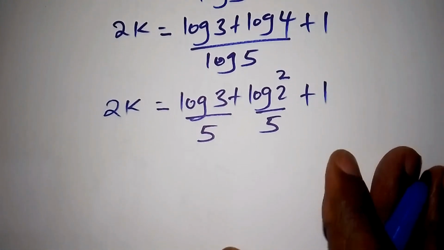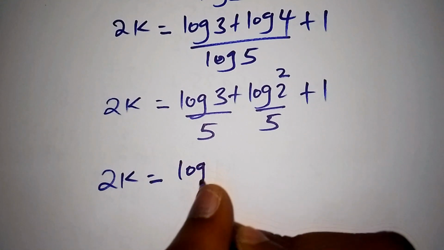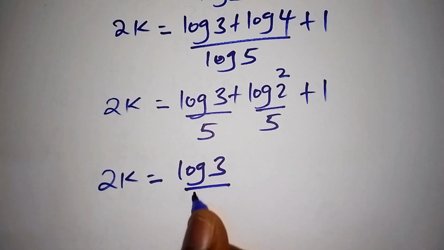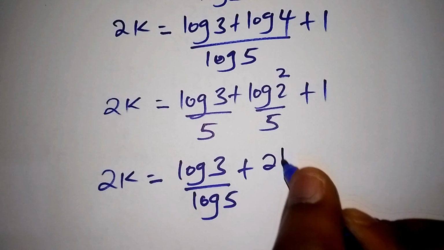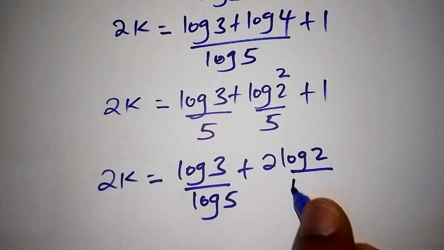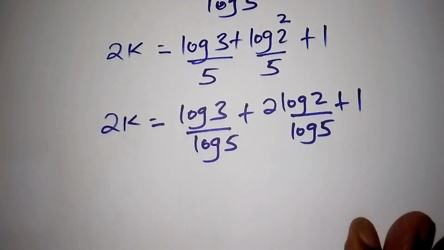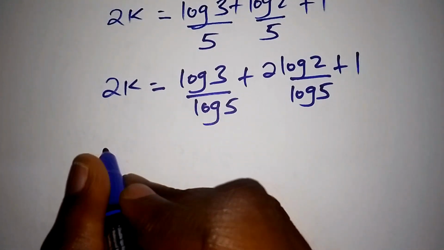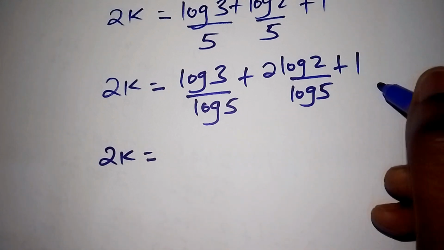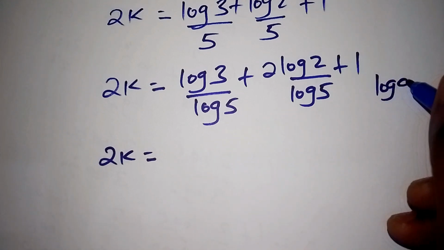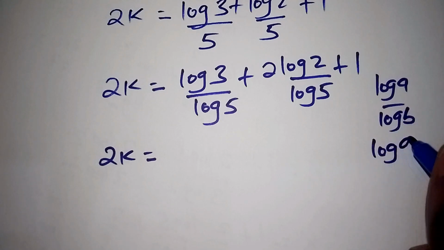Next, 2k is equal to the log of 3 all over the log of 5, plus 2 log 2 all over the log of 5, plus 1. Now, when you have the log of a all over the log of b, this can also be written as the log of a to the base of b.